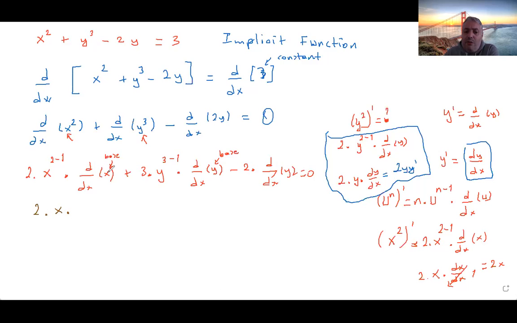Now, the derivative of x with respect to x, which means dx dx. If numerator and denominator are the same, logically we can say that it is 1, plus dy dx, I will write later. Now, 2 times x times 1, which is only 2x.